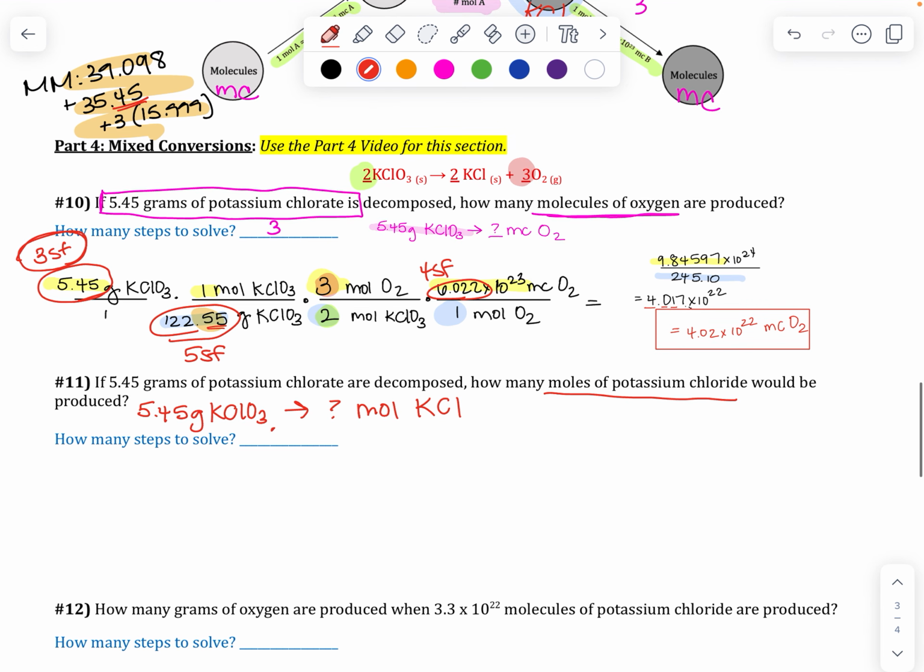So this is going to be a 2-step. Setting up 5.45 grams of KClO3. I have to be given some number. I'm just trying to look at what is the relationship, or how many moles of KCl, potassium chloride, will be needed to fully use up these grams.